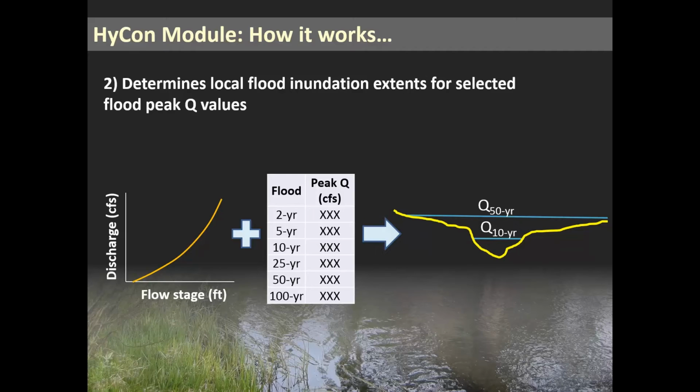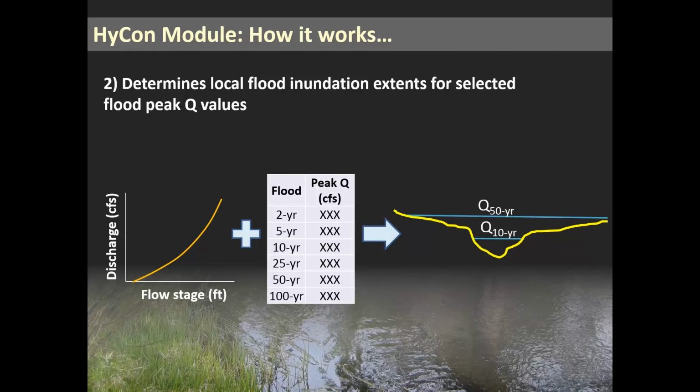So far, we've been concerning ourselves with the flooding extent for the 10-year and 50-year floods, because that's what the literature tells us are the important flooding extents in the West. But the user can feel free to use any other flooding extent that he or she sees fit for their site based on better information than what the literature provides.